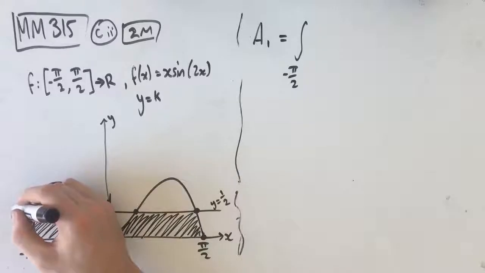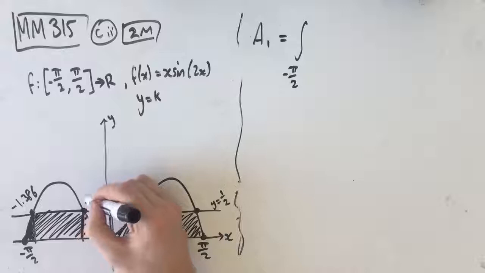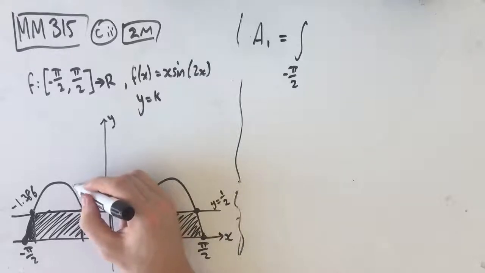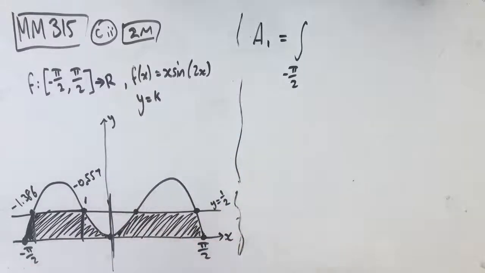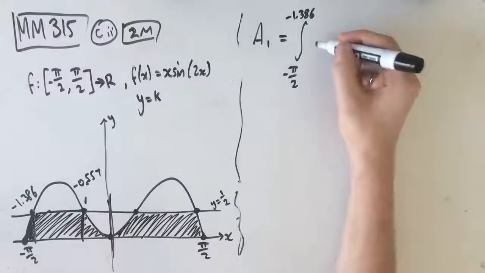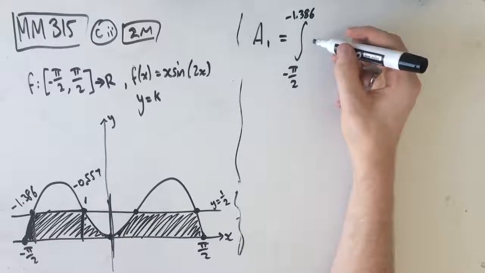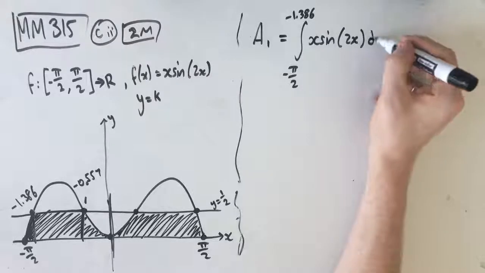In the previous question, we found this was negative 1.386, and this one here is negative 0.557. Those are the x values at those points. So from negative pi on 2 to negative 1.386 of f of x, which is x sine of 2x dx.